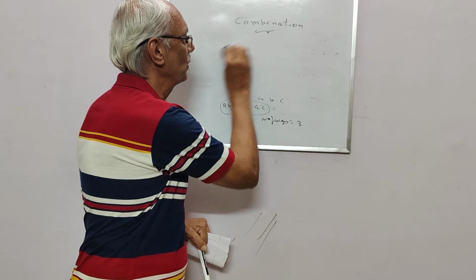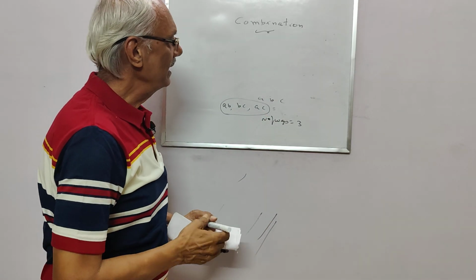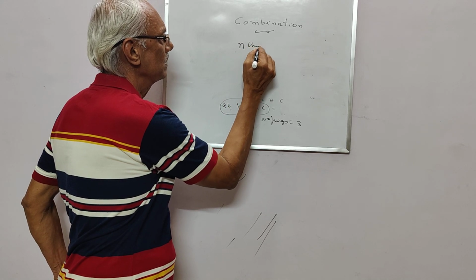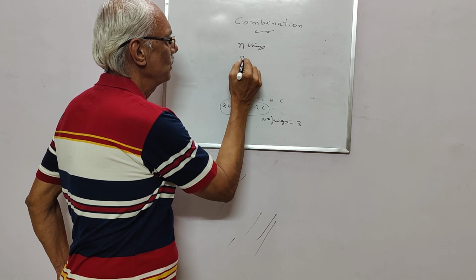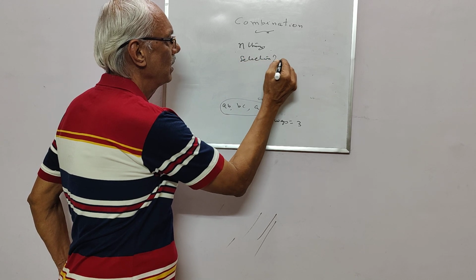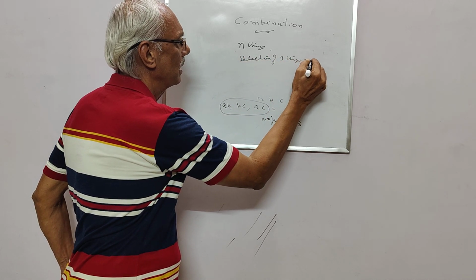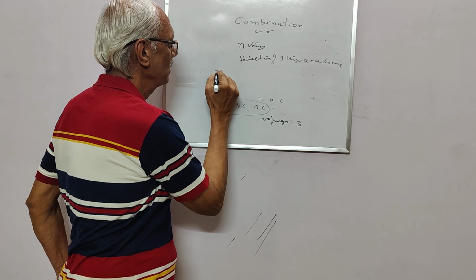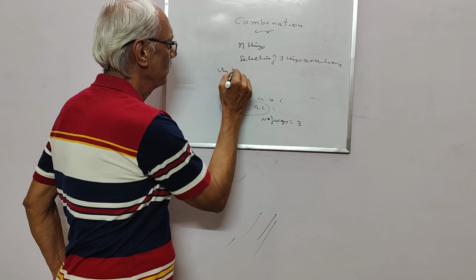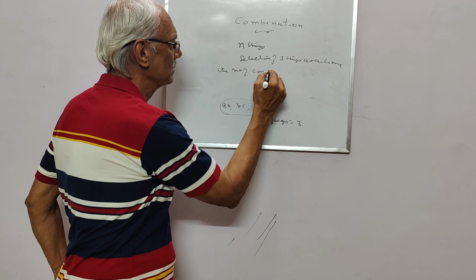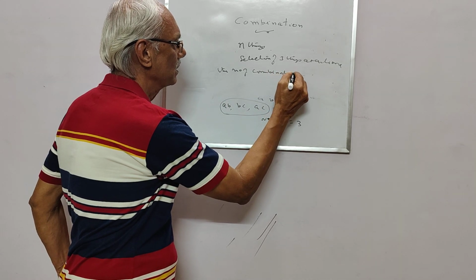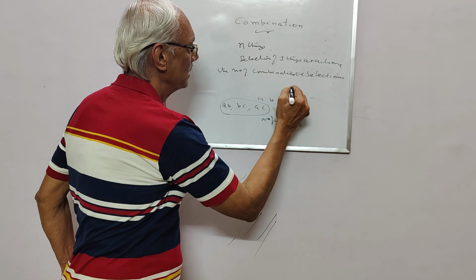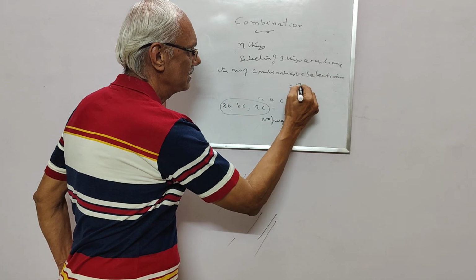If there are n things, selection of r things at a time, therefore gives the number of combinations or selections, which is equal to nCr.